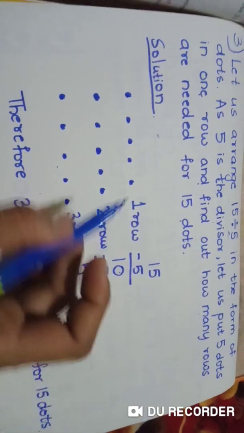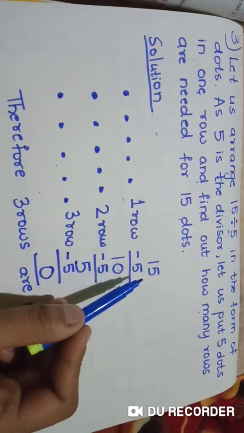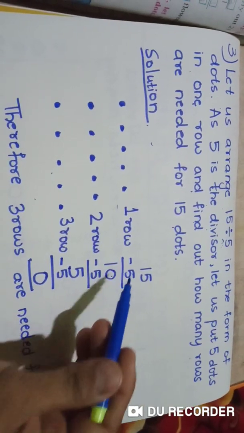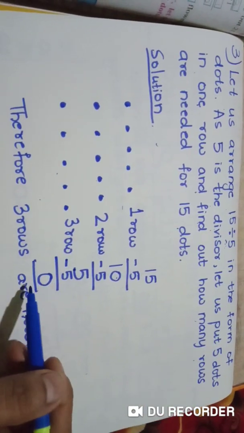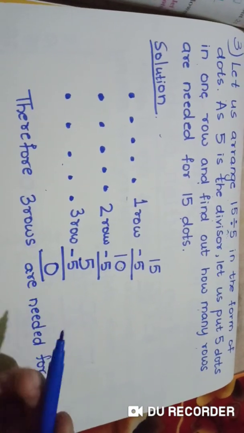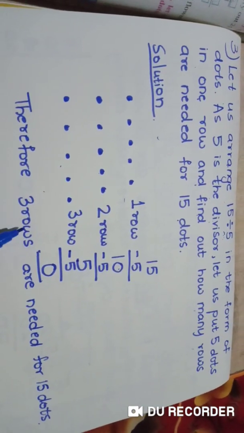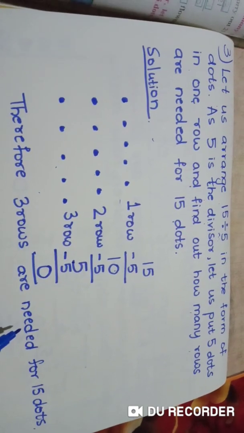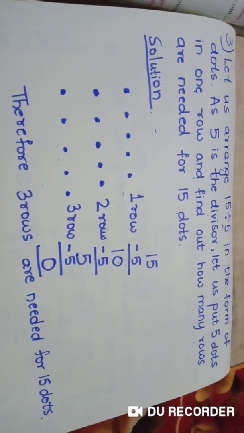In the same way, division is also known as repeated subtraction. The same number we subtract again and again till we get 0. So, how many rows were formed here? 3 rows. Have you all understood now?